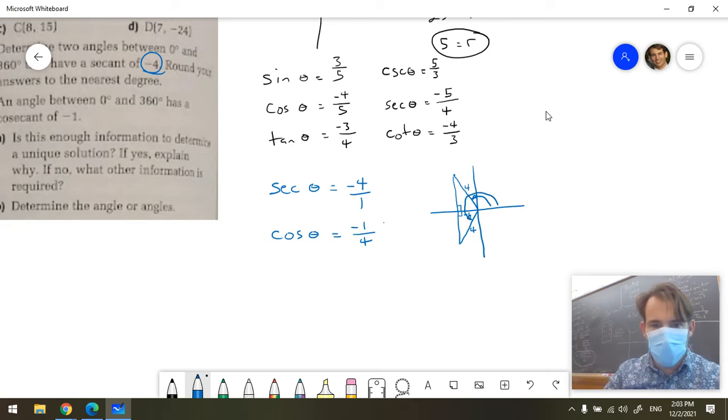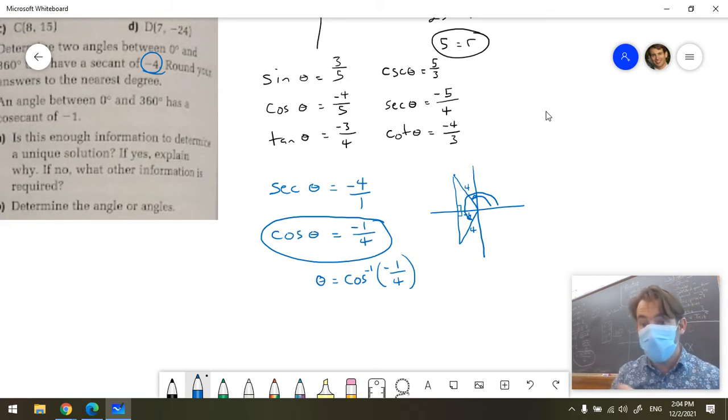So now I'm going to punch this into my calculator. I'm going to say theta is equal to the inverse cosine of negative 1 over 4. Put this in brackets in your calculator and you will have fewer headaches. Inverse cosine of bracket negative 1 divided by 4 end bracket equals 104.4.